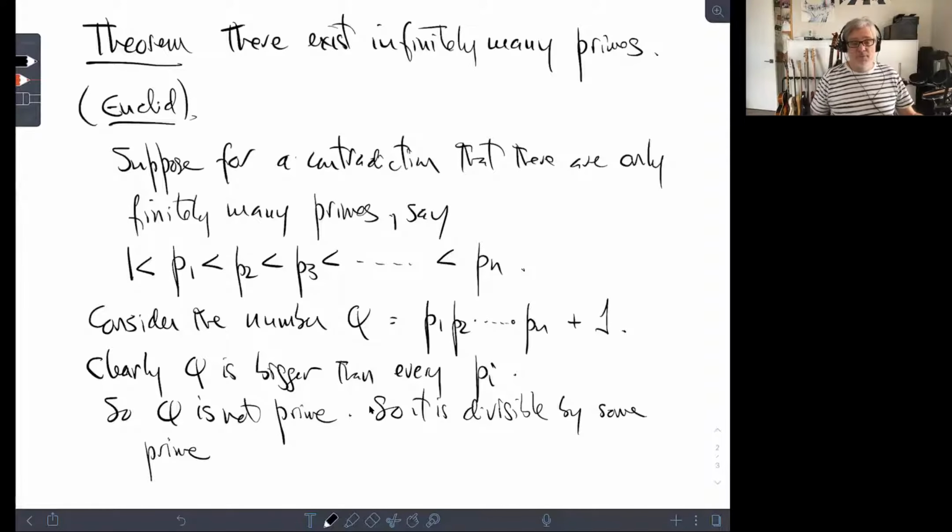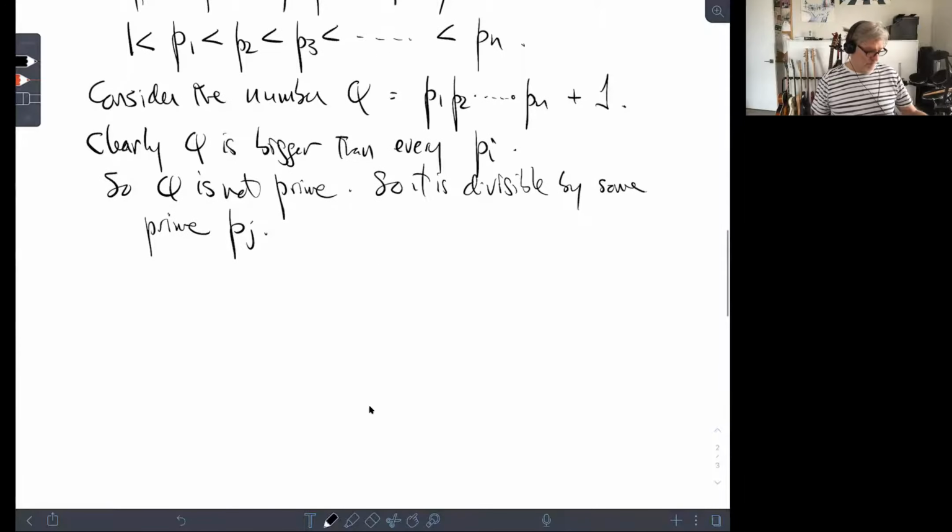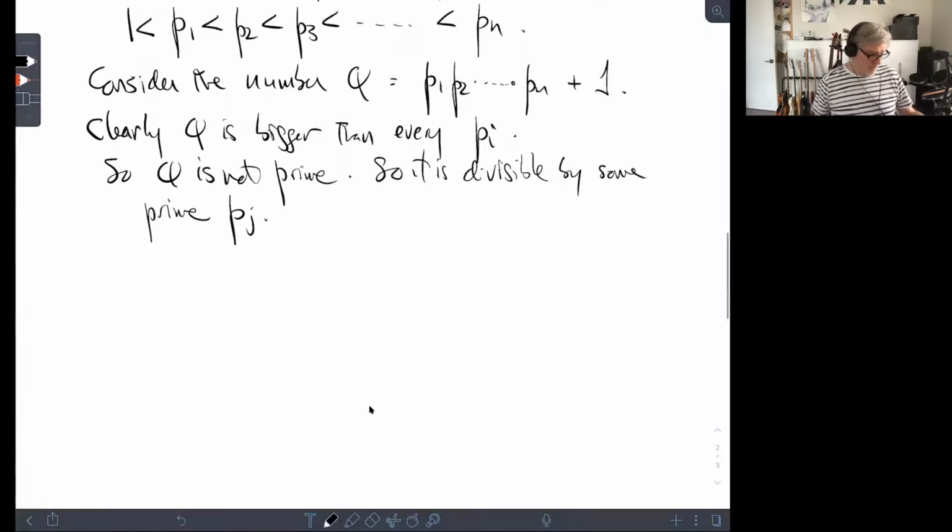The primes are P1, P2, right up to Pn, so let's say Pj. Since this is the full list of primes, one of these numbers must divide Q.